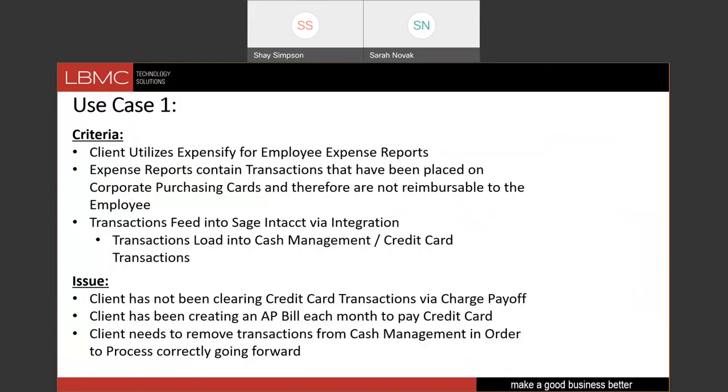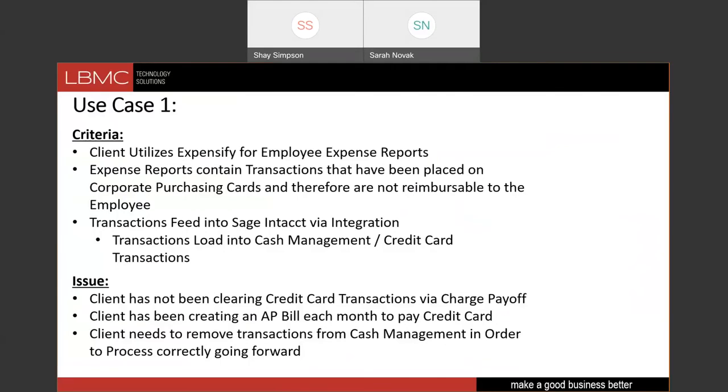Remember that I said before that if you are utilizing time and expense, those expenses do not feed over to cash management. But obviously, we are looking at an integration with Expensify. So these expenses feed over into cash management, into our credit card transactions, okay?